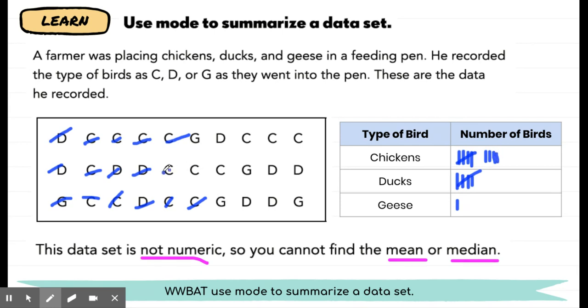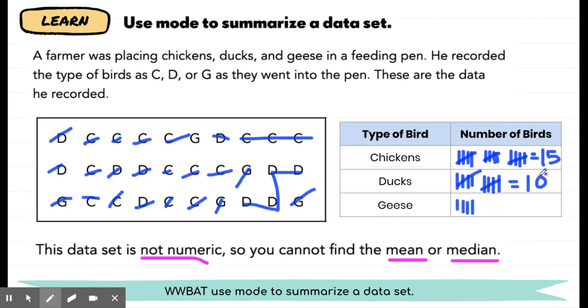Just make sure that you cross out the same amount that you're tallying. So it seems like there are 15 chickens in total, and there are 10 ducks, and there are 5 geese.